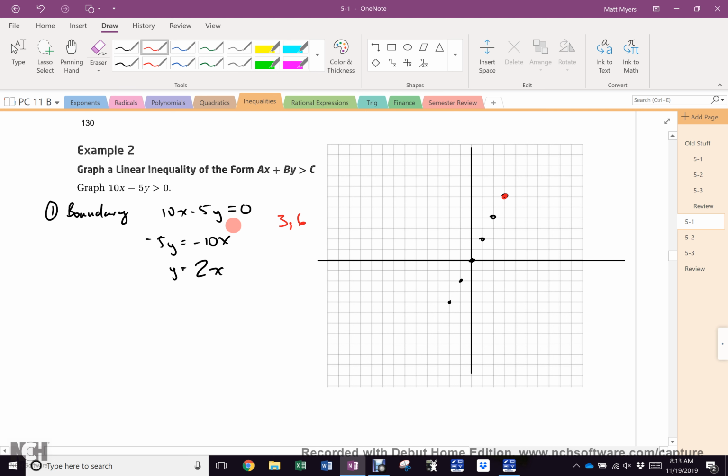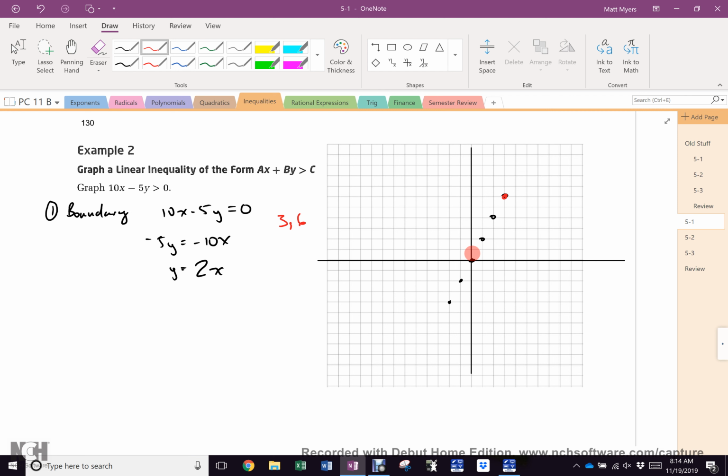So is that line part of the solution? Yes or no? No, it's not. So the infinity of points that are on that line are not okay, are they? Is a point very close to it okay?